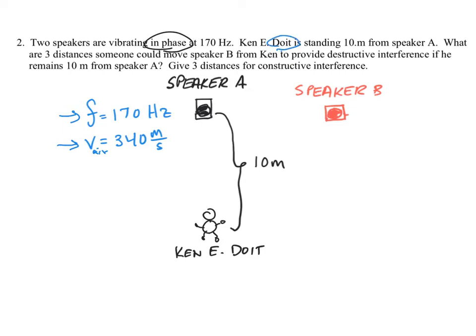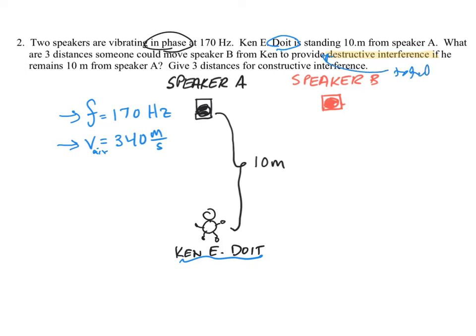As you notice there, he's down here, 10 meters away from speaker A. Give us three distances that you could move speaker B to. So I've got to move speaker B around here to provide destructive interference to Ken if he stays 10 meters away from speaker A. So the conditions for destructive interference, and I'm assuming that when they say destructive interference, they mean total destructive interference.